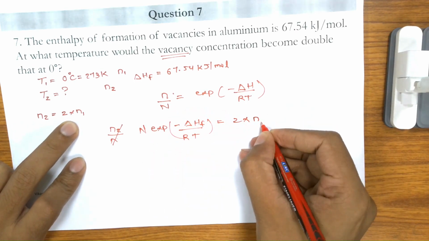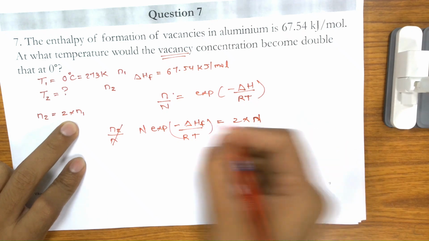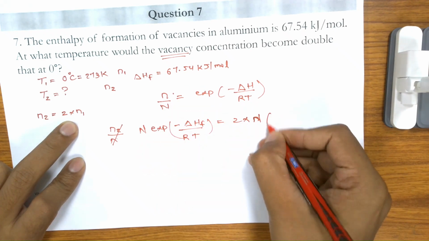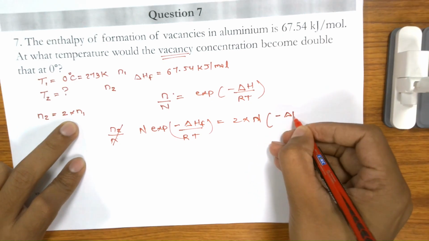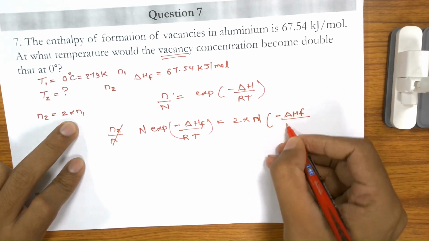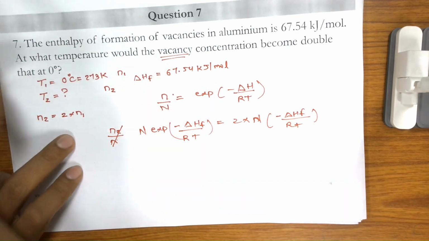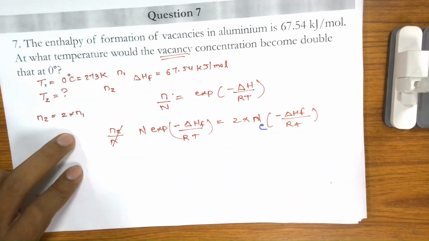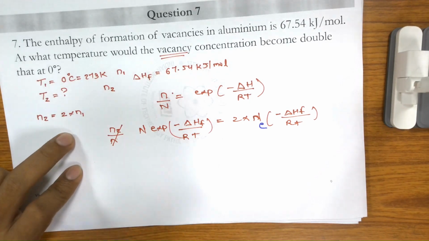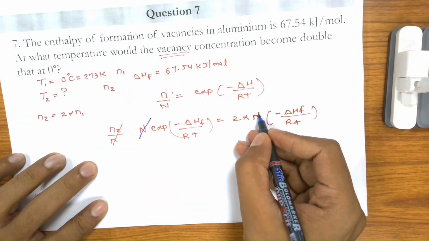N1 is capital N times, again I can write the same formula, exponential of minus delta H divided by RT. I forgot to write exponential over here. So now let's do it properly and N gets cancelled.